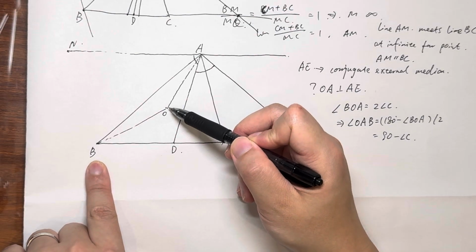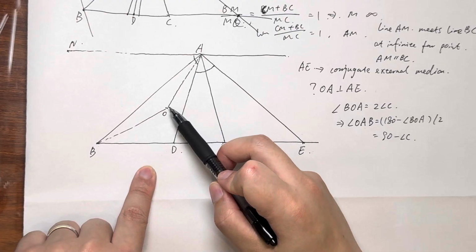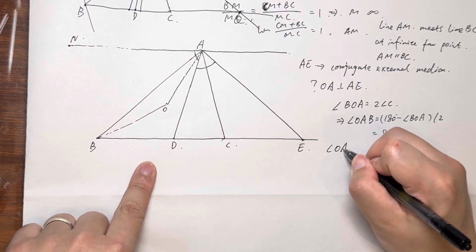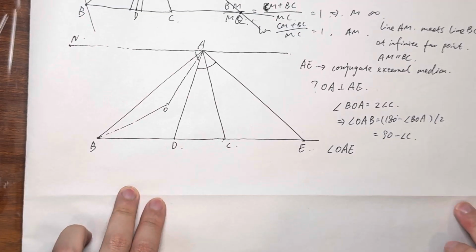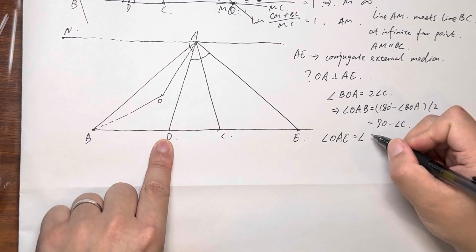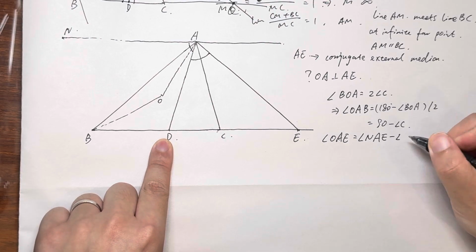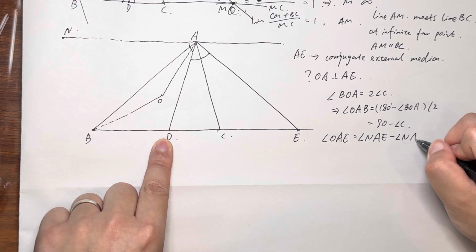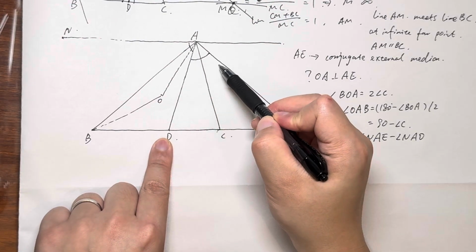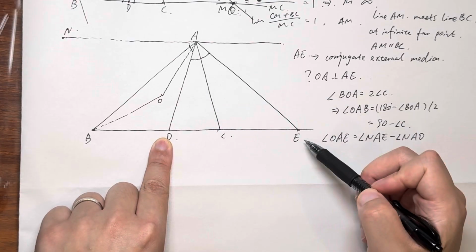That is angle OAB. So what about the angle OAE? The angle OAE equals angle NAE minus angle NAO, right?